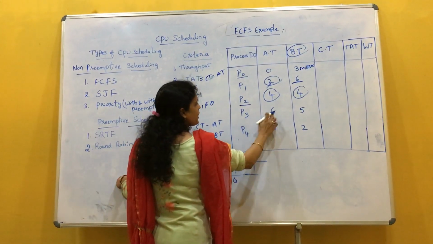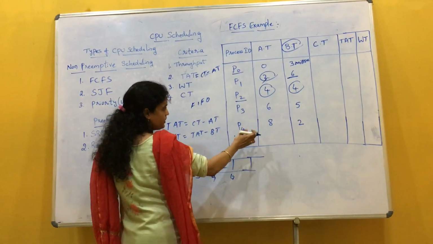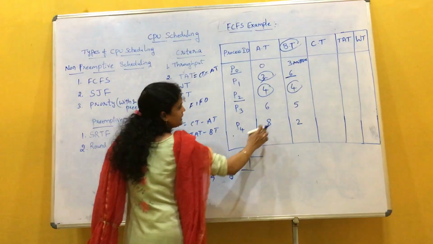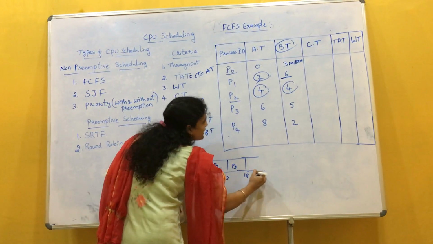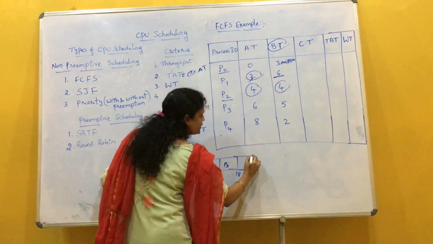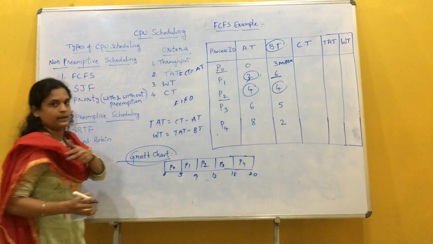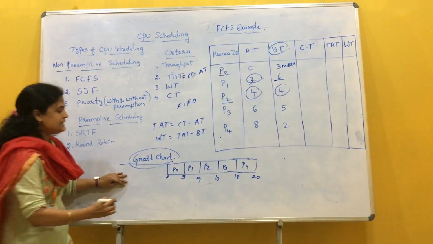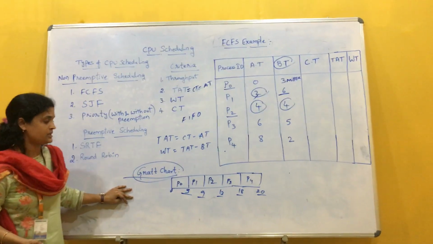Next, process P3 will be allocated to the CPU. It takes 5 seconds. 13 plus 5, 18. Next, process P4 will execute. It takes 2 seconds, so 20. These are the complete times of each process.